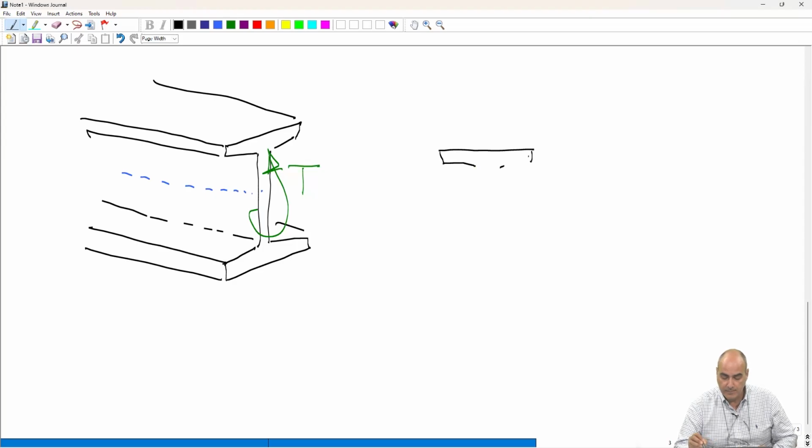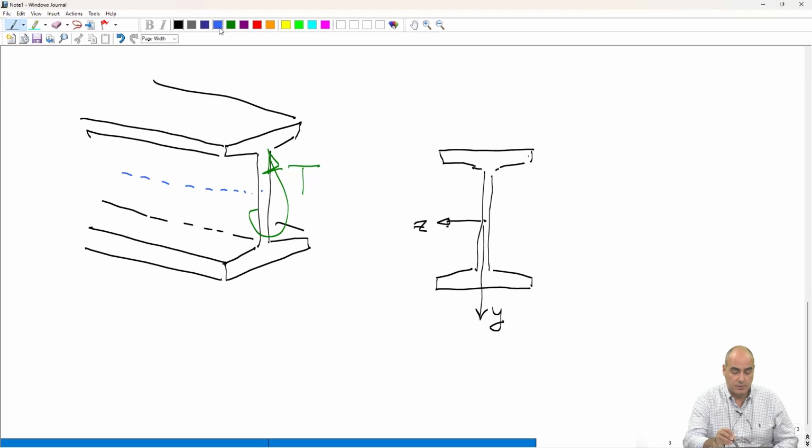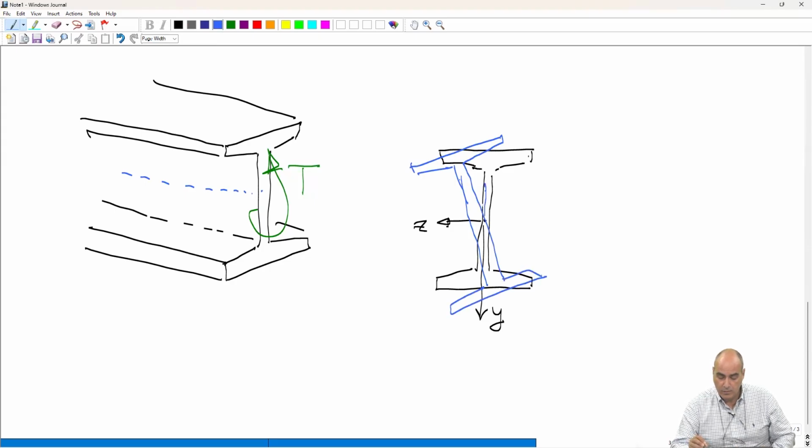Well, surely it happens that if this is the original position of the cross-section, the cross-section, as we have seen before, rotates by an angle phi.